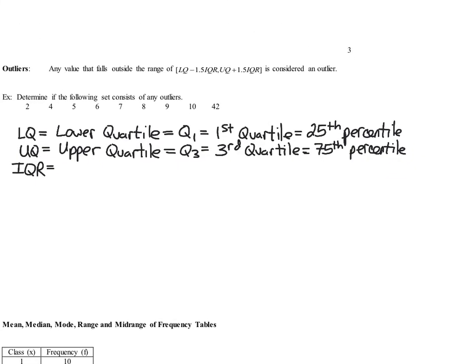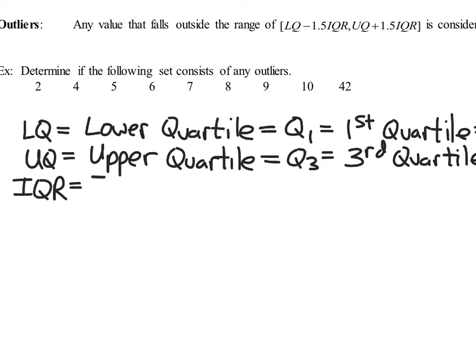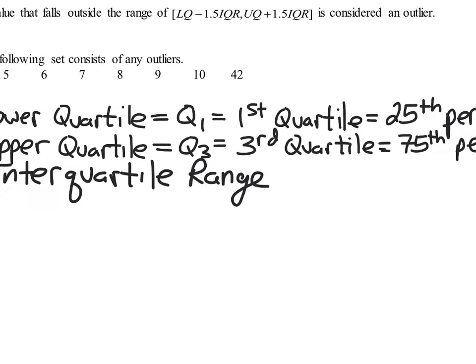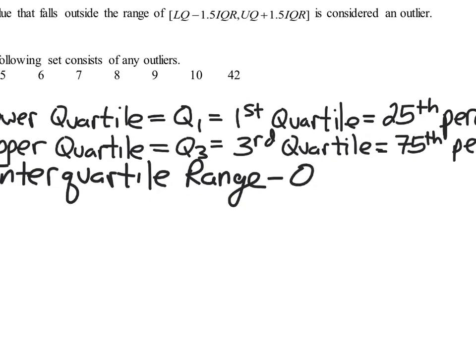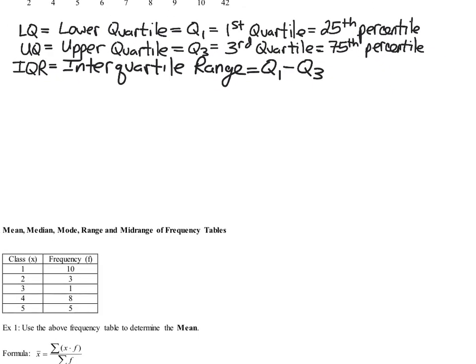The IQR is something called the interquartile range. All right, so interquartile range, and it's just the difference between Q1 and Q3. So you could say the difference between LQ and UQ, upper and lower quartile.